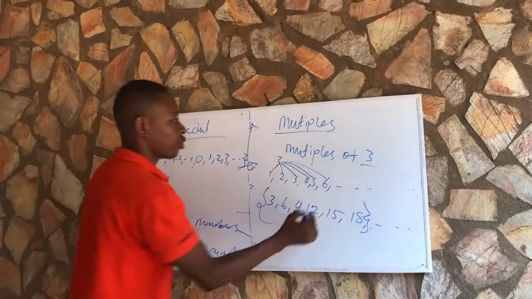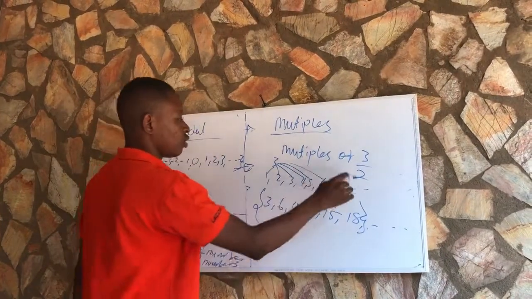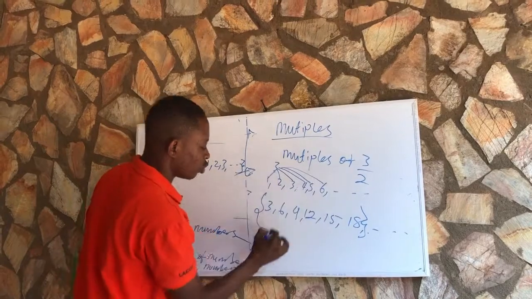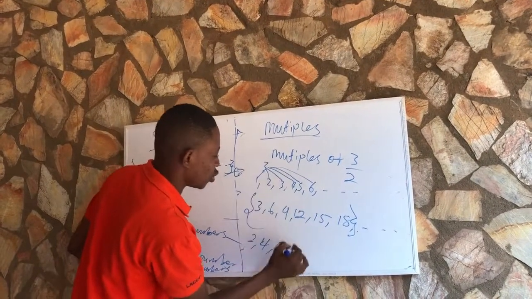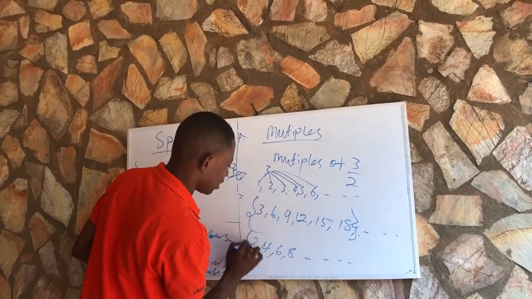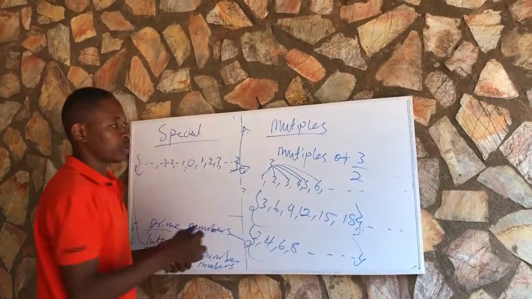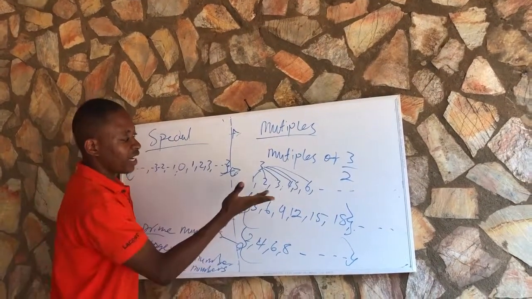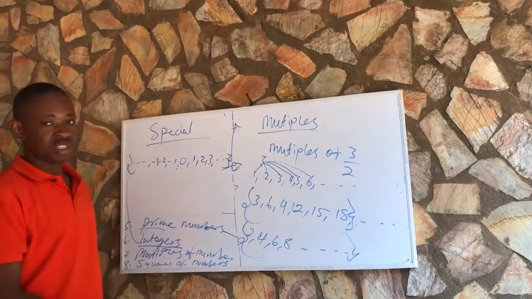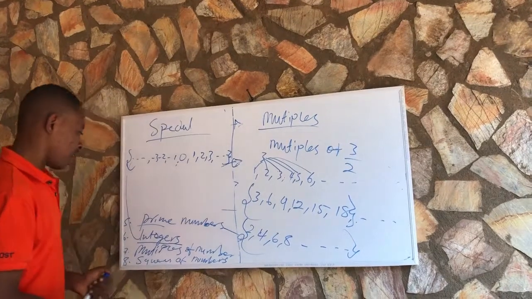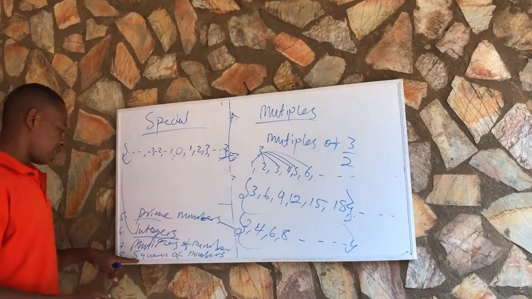If we want the multiples of 2, we do the same thing. 2 times 1, 2. 2 times 2, 4. 2 times 3, 6. 2 times 4, 8. So if we want the multiples of a number, we multiply them by natural numbers from the beginning, that is 1 to infinity.